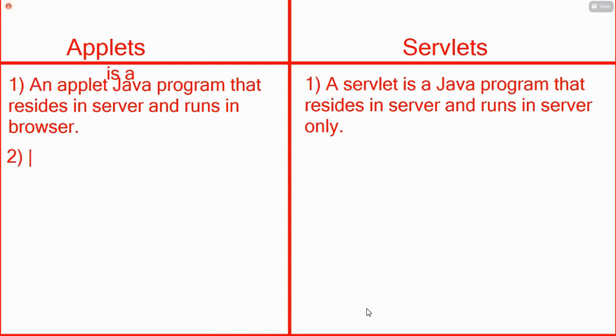See, you studied. If the program is residing in server and running in browser, that program is called static web application. The program is residing in server and running in server is called dynamic web application. Okay. So it is like a static, it's like a dynamic.